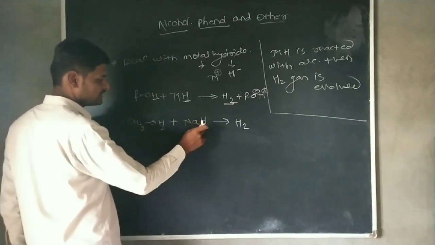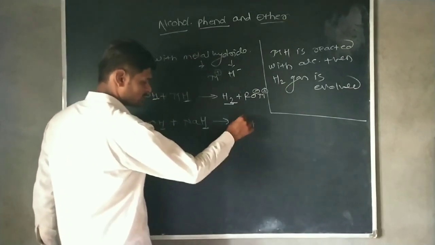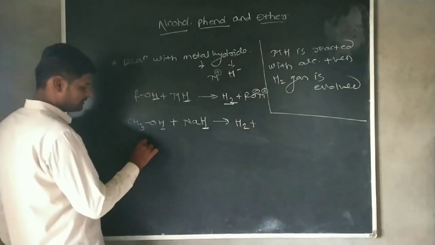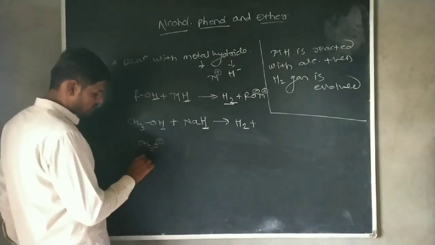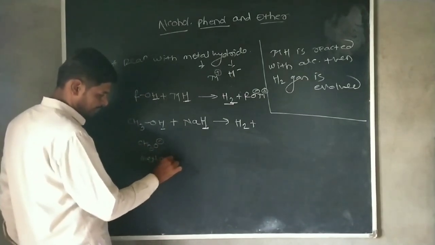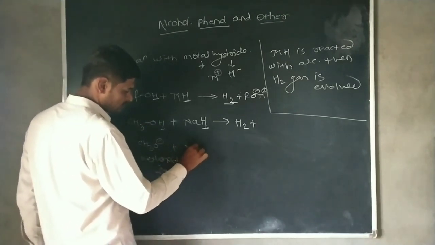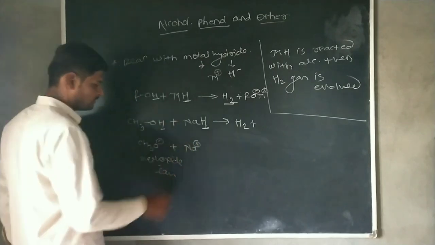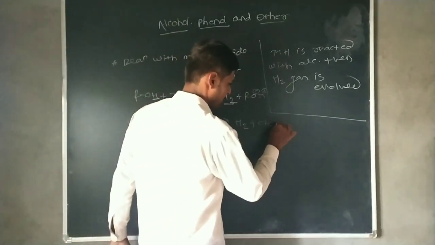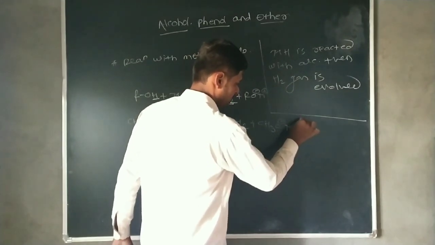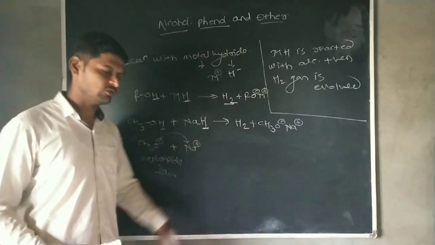This H plus and H minus combine with each other to form hydrogen gas, which is eliminated, and after elimination of hydrogen gas the remaining part is the methoxide ion. This oxygen attacks the sodium, and there is a formation of sodium methoxide.